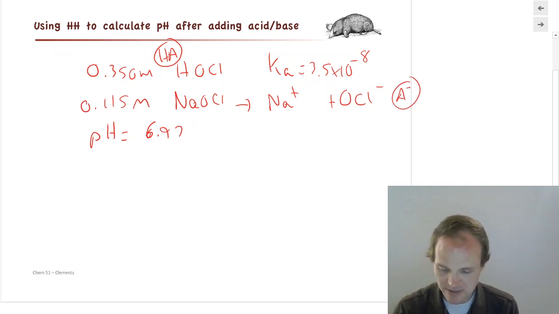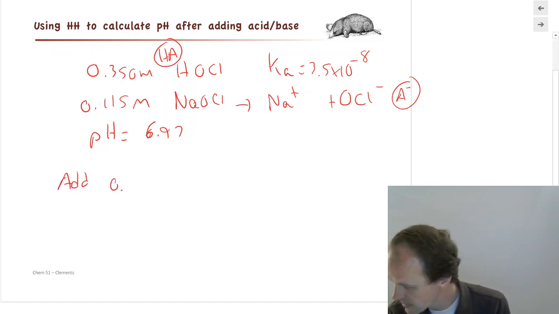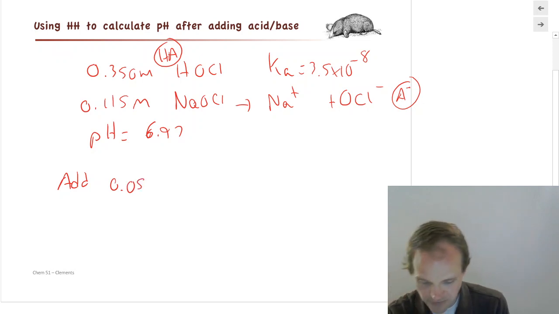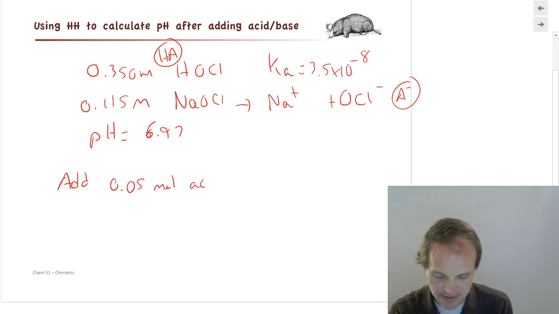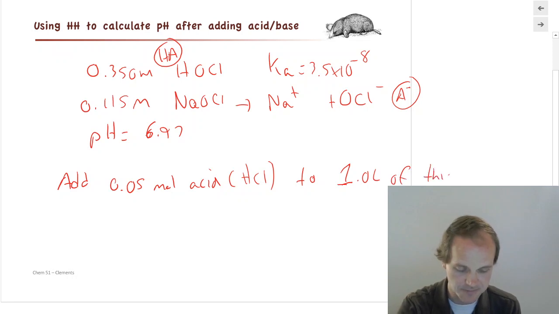So what's it going to look like? Well, we're going to add 0.05 moles of acid, just HCl or H plus, to 1.0 liters of this solution.